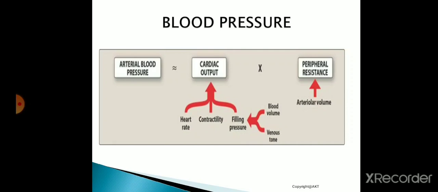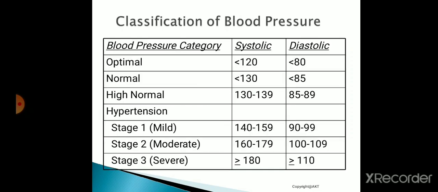So the cardiac output, how much of the blood is coming into the artery, plus the resistance offered by the arterioles will determine the blood pressure. So this is a basic classification of blood pressure. You can read it yourself. I hope you know it better.